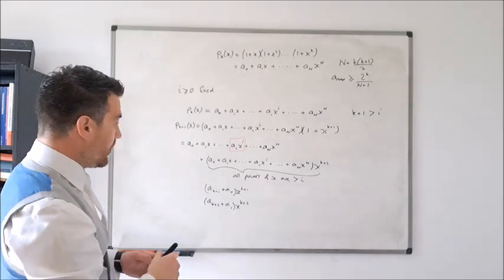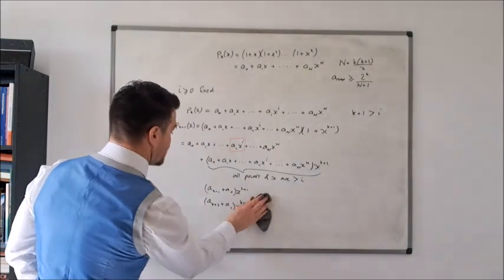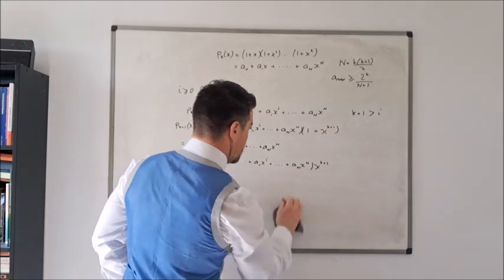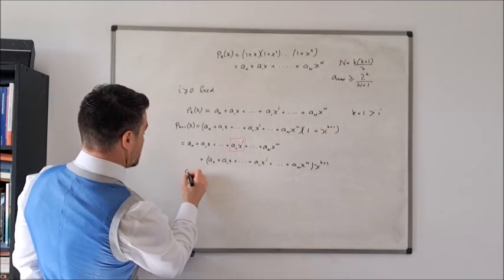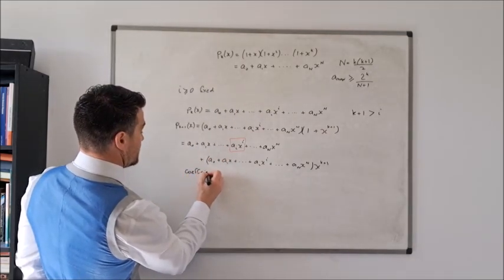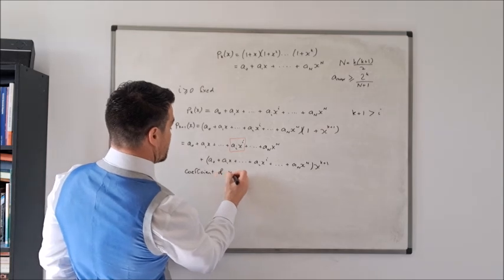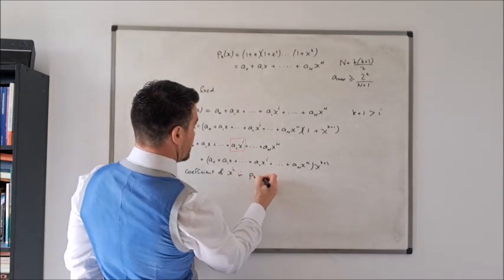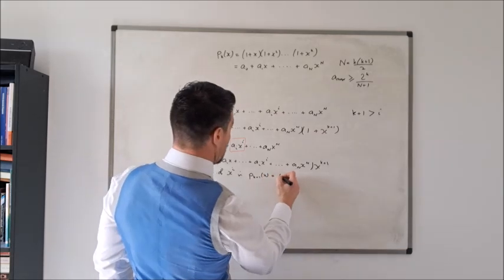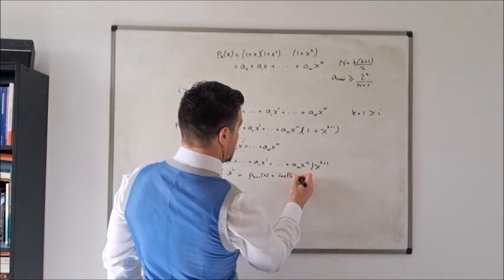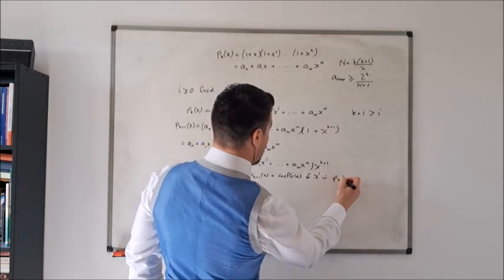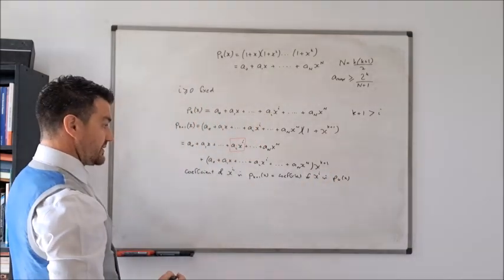Okay, but what we can see is that the coefficient of x to the power of I in p_{k+1} of x is equal to the coefficient of x to the power of I in p sub k of x.